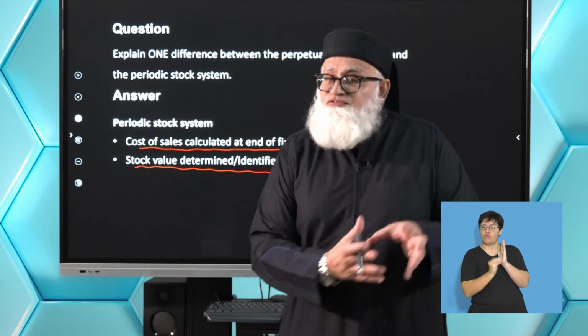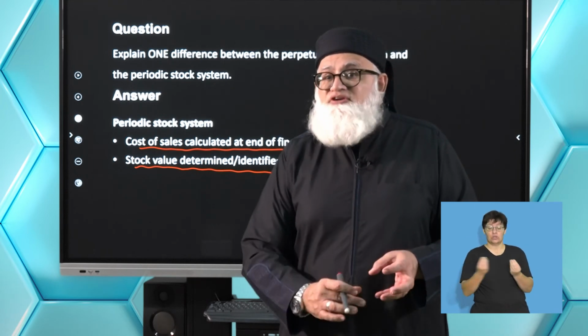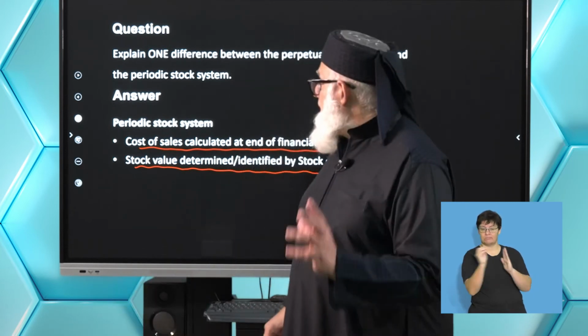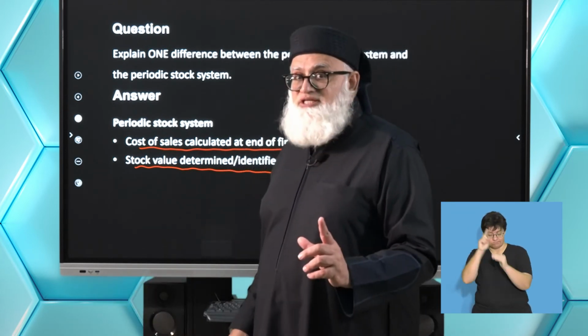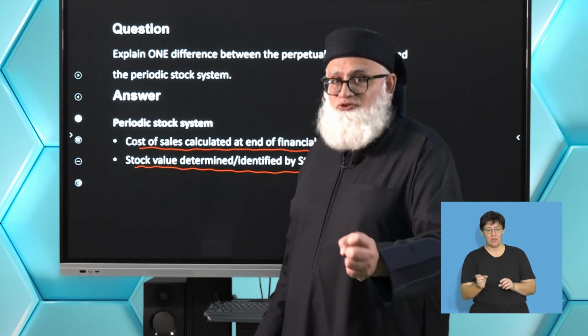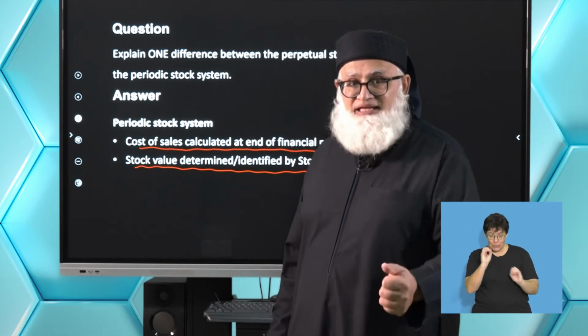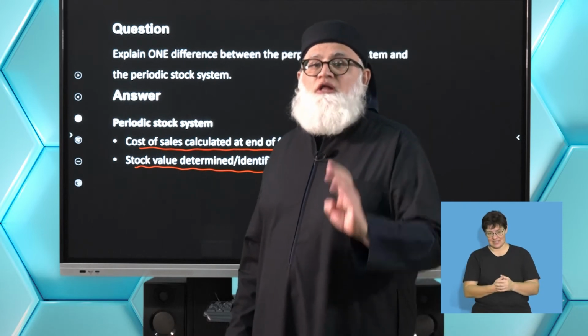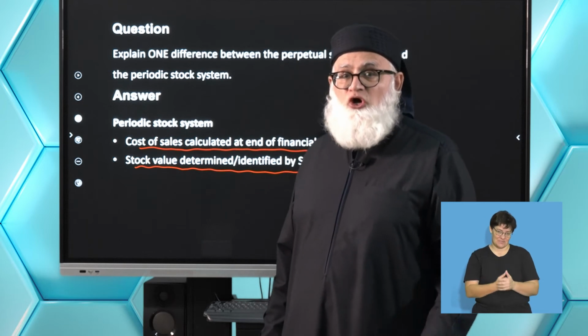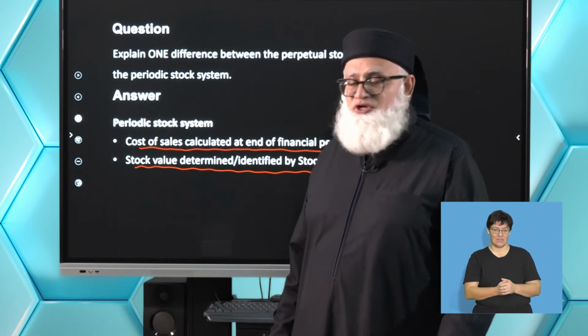You've recorded the inflow of stock, yes, but you haven't recorded when goods were sold. Therefore, when you're doing the periodic inventory system, you can clearly see that you are unable to determine the value of your stock at that given time. What will you have to do? You'll have to take a physical count to determine the value of your stock if you are using the periodic inventory system.